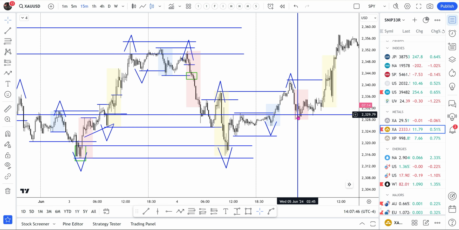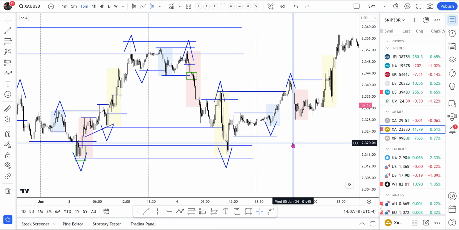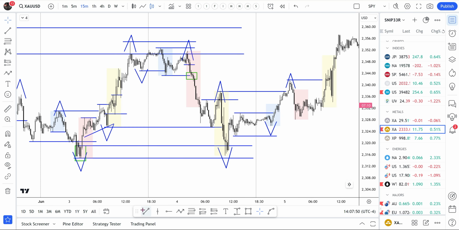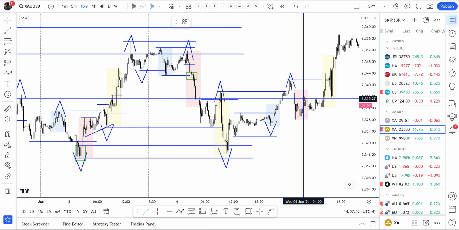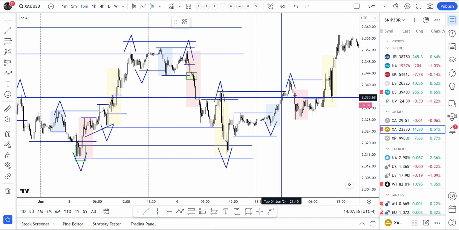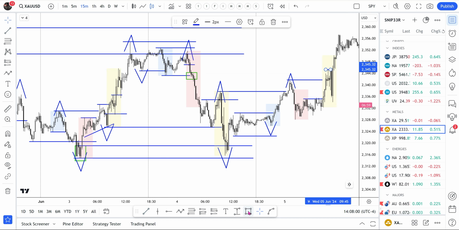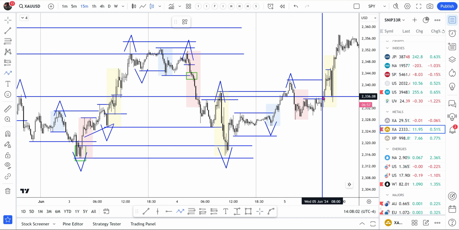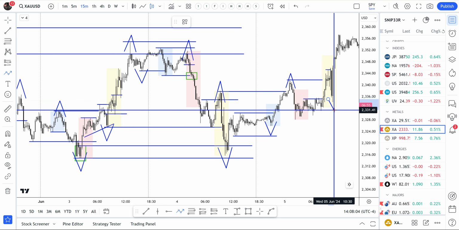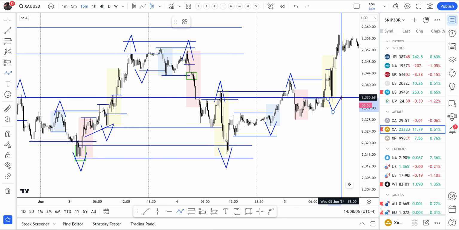The London session pulls back, consolidates, builds volume, and also gives us higher highs on the inside, which is the recipe for the dump and pump template. They put in a peak formation low here to continue the trend.